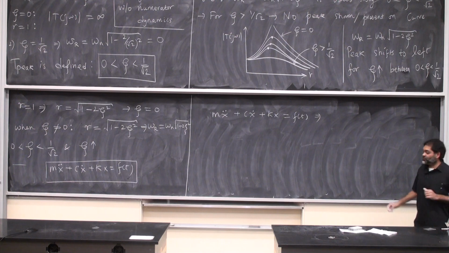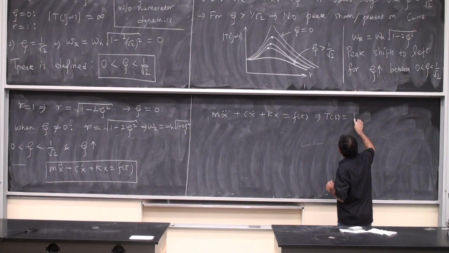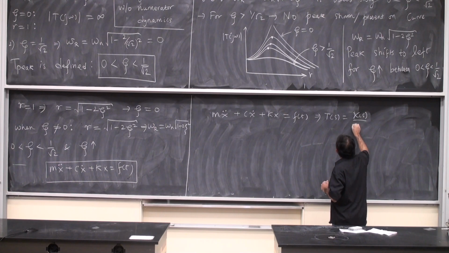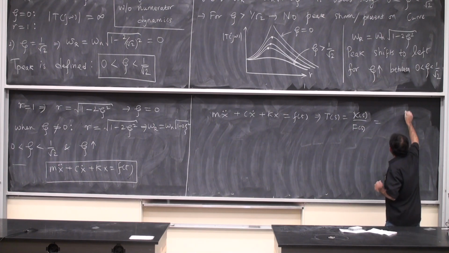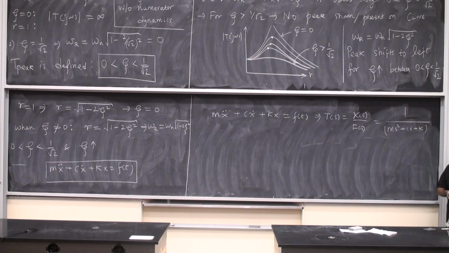If I take the transfer function, right, so p of s is x of s over f of s. What's in the numerator? No zeros. Okay, so no zeros.